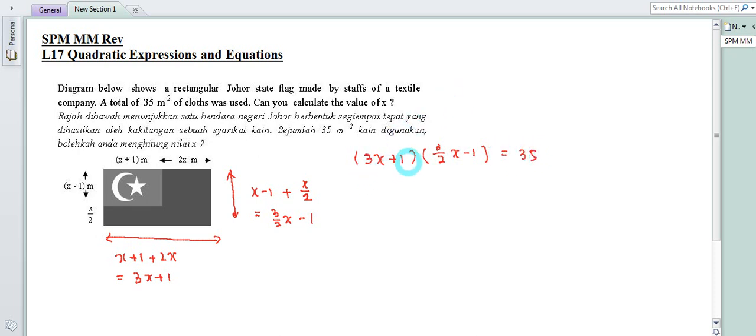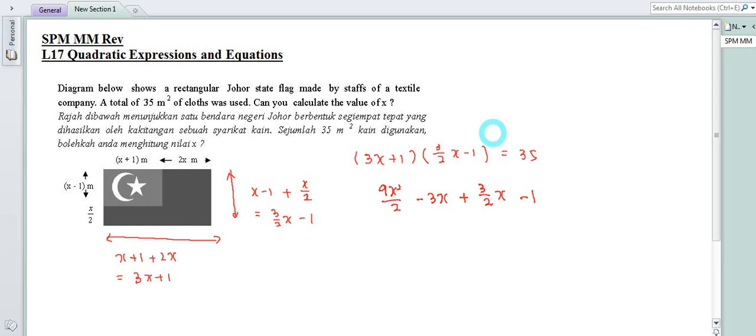Okay, so now I do the expansion. 3x times this one, you get 9x squared divided by 2. 3x times negative 1, negative 3x. Positive 1 times this one, you get positive 3 over 2x. Positive 1 times negative 1, get negative 1.